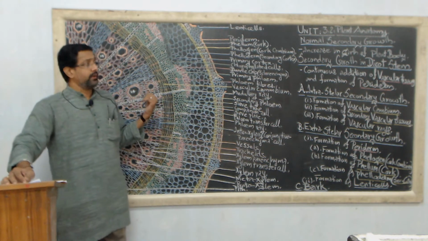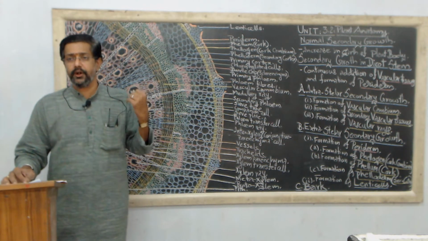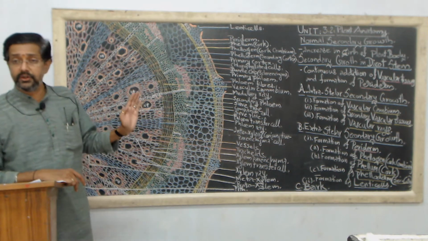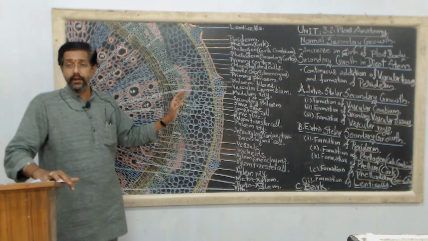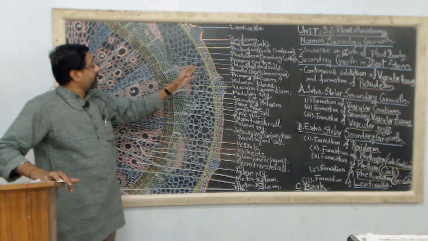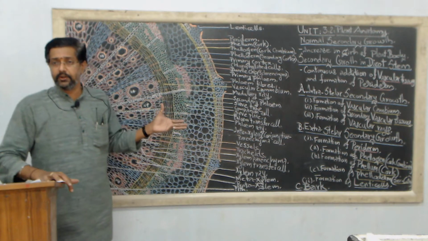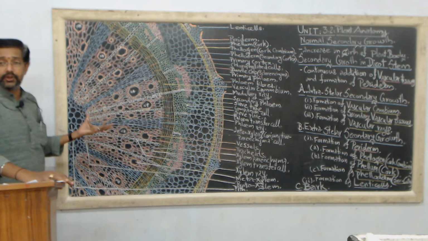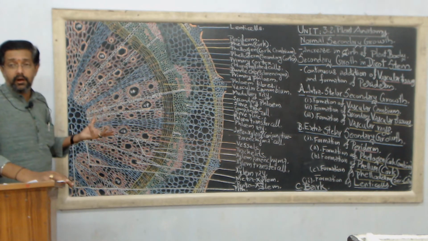But coming to the secondary structure in dicot stem with normal secondary thickening, we can see the presence of all these tissues except some which are getting disintegrated. In the cortex we can see some modifications or changes in the cross-sectional view, and similarly in the vascular region we can also see some changes.